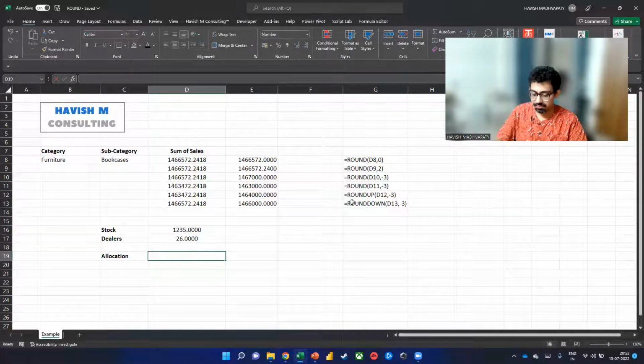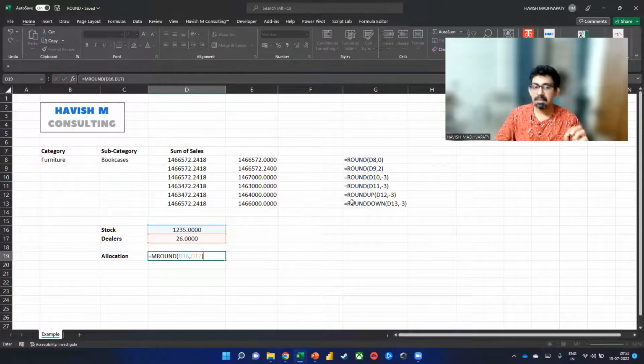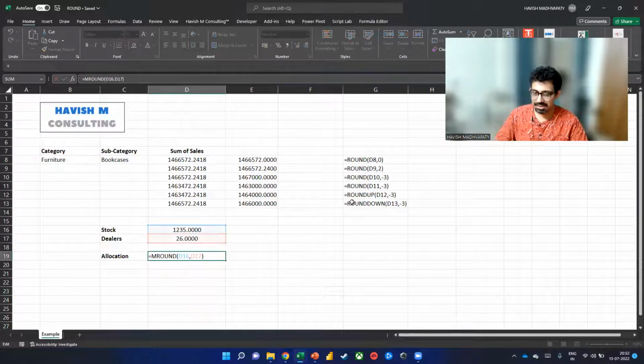For this, we can do a MROUND. And this tells us that when I divide 1235 by 26, the closest number that is perfectly divisible by 26 is 1248. Now, in this case, it might be a bit of a problem because how can you allocate stock worth 1248 when you only have 1235 with you, right?